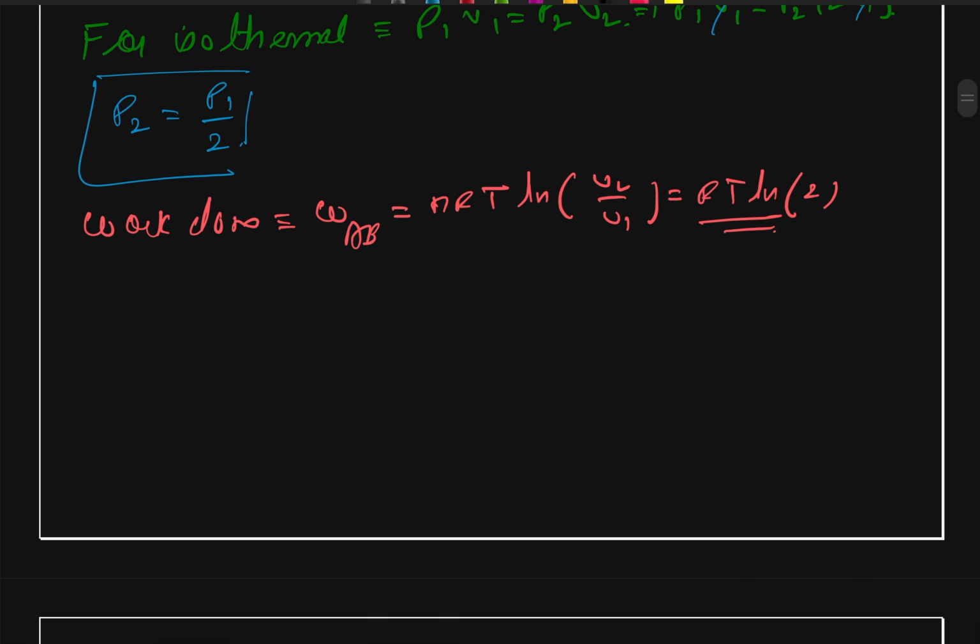And now we come to our next, which is BC. BC is our isobaric compression.